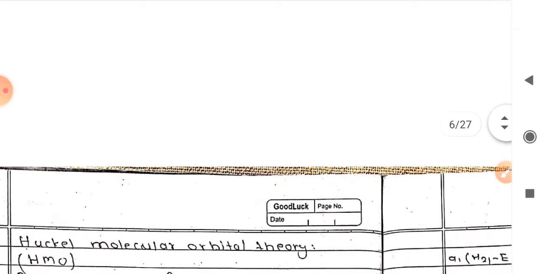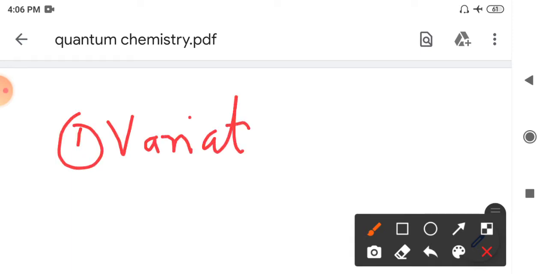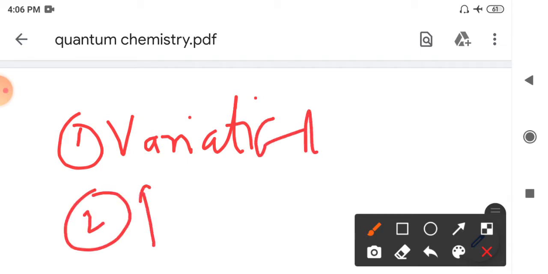So there are two electrons in the valence shell, so that we can apply an approximate method for the given system. There are two types of approximate methods. One is the variation method, and the second one is the perturbation method.